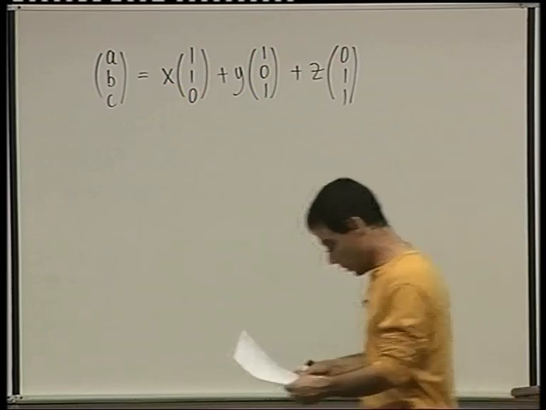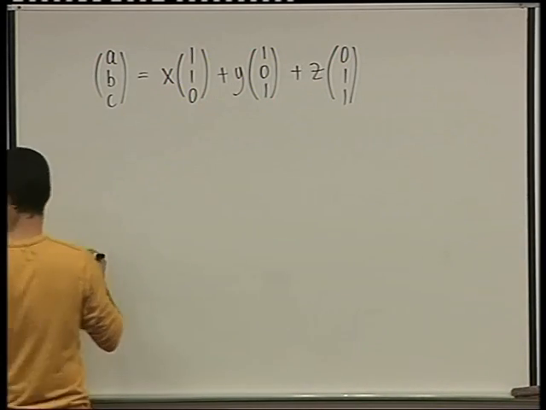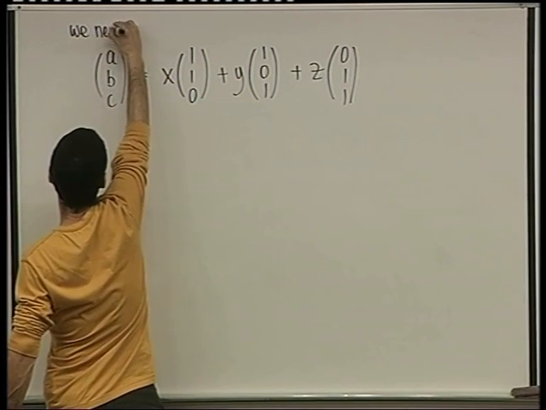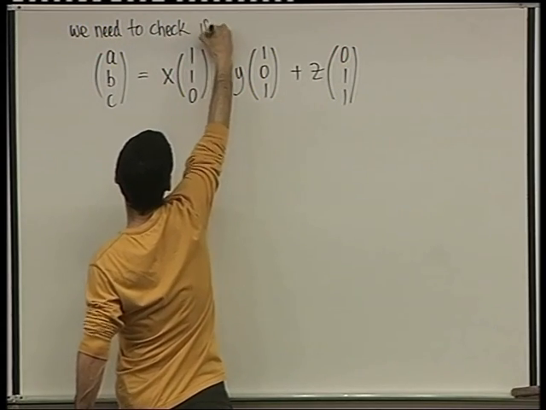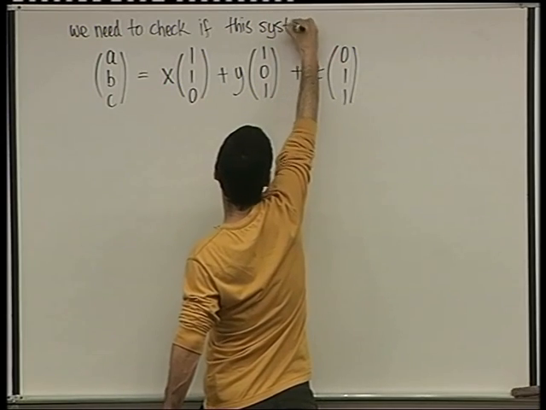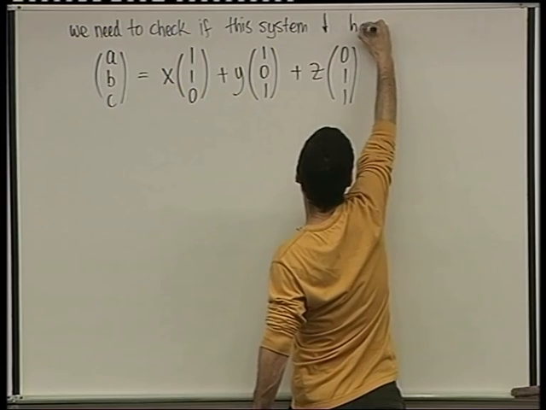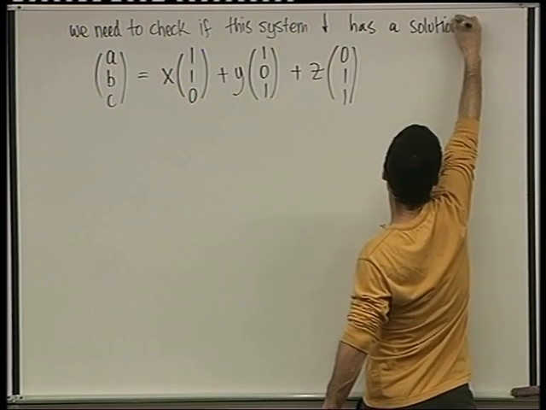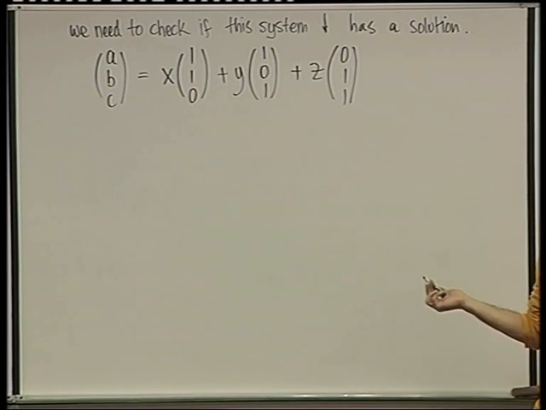Okay, so how do we check if there's a solution? So let's write it. We need to check if this system has a solution. Do you agree? And we know how to do that, right?